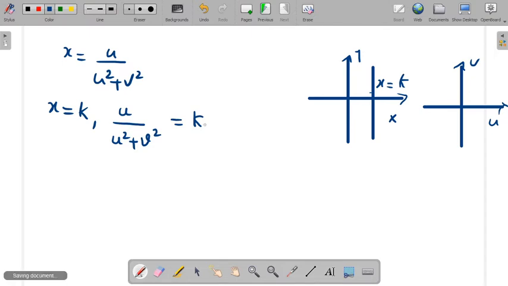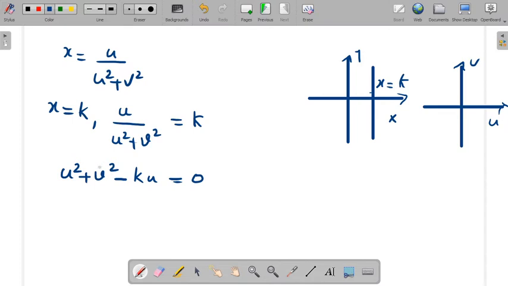So we are directly getting a relation between U and V: U square plus V square minus KU equal to 0. And this represents a circle in the UV plane. If you have a second degree expression, to identify the conic section represented by that expression, you just look for the second degree terms. If one is a second degree term and the other is first degree, that will represent a parabola.